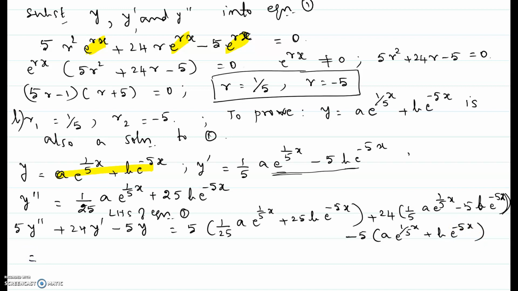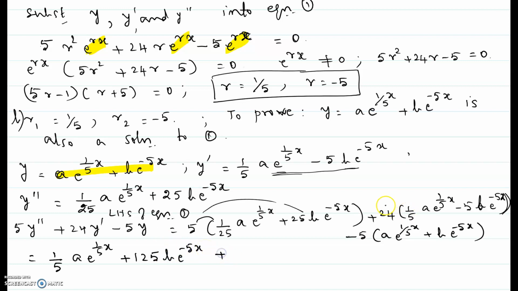Now all we have to do is distribute these values, simplify, and check whether it turns out to be 0. If we distribute the 5, that will be 1 over 5a e to the 1 over 5x, then 5 times 25 is 125b e to the negative 5x.